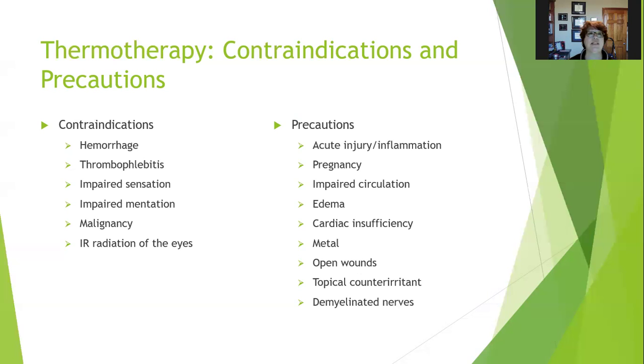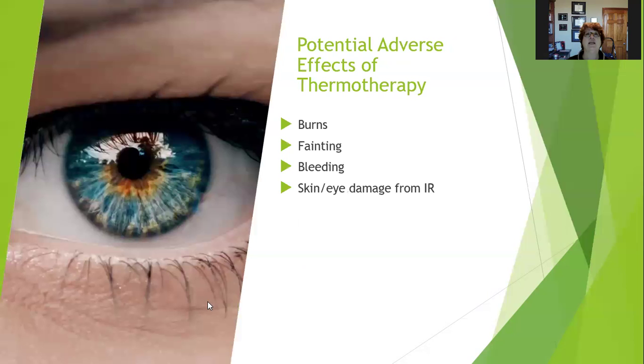Open wounds, because we don't want to increase bleeding in those open wounds. A topical counterirritant: if you have something like capsaicin on your skin and you put a hot pack on top of it, it might make it way hotter, way worse. Demyelinated nerves, because you're getting impaired sensation in that area. So you're kind of back to the impaired sensation. So lots of precautions and contraindications for thermotherapy.